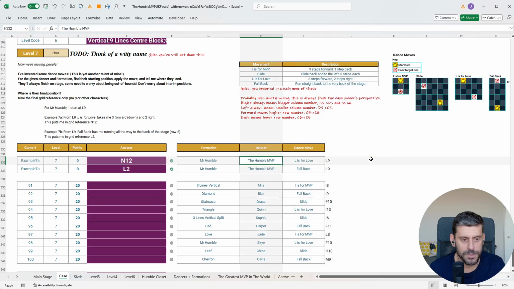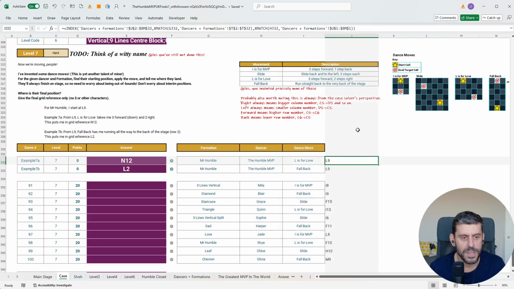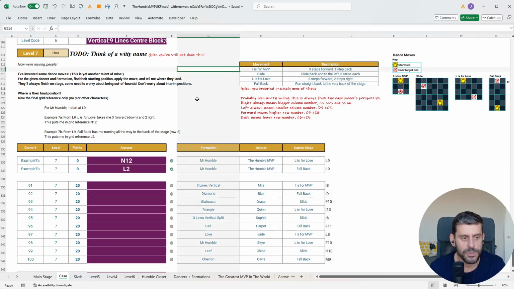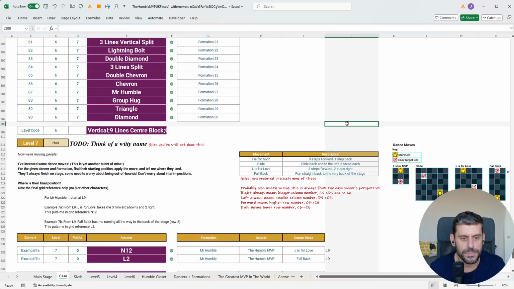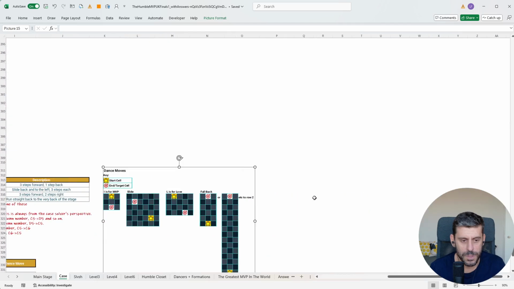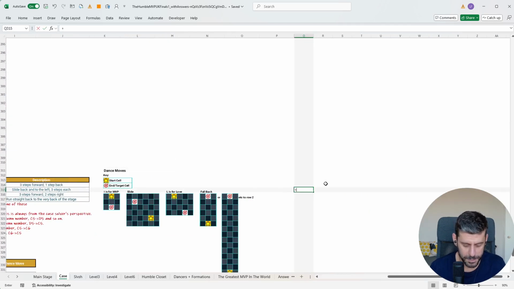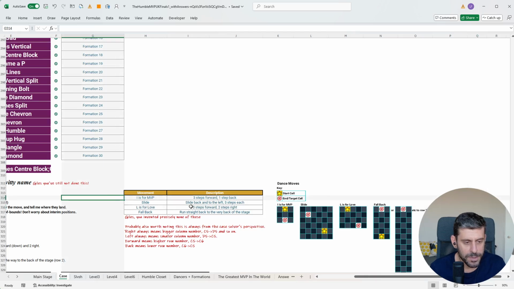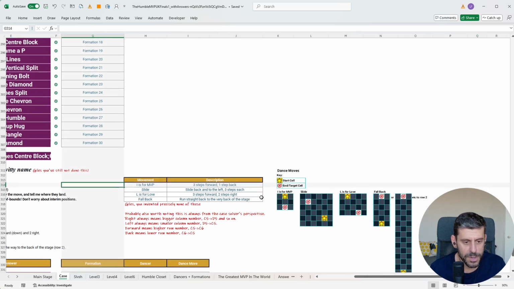Okay, so those are the positions of the dancers. Actually, probably need some arrows. Okay, because I want to do 3 steps forward and 1 step back. So actually 2 steps forward. Forward means higher row number, so means 2 and down.